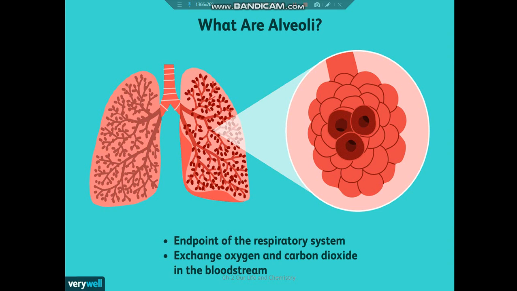Okay, so when the air is inhaled in through the windpipe and it reaches the alveoli, the capillaries that are surrounding it, the oxygen is passed from the alveoli into the capillaries.